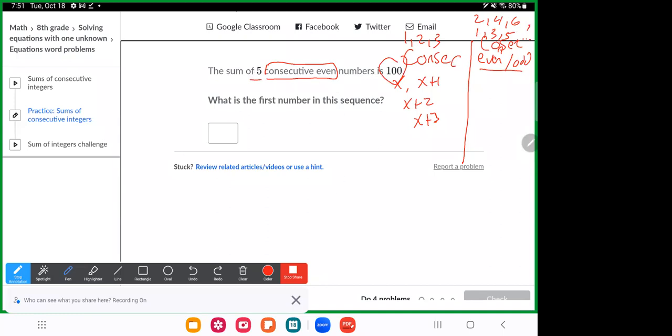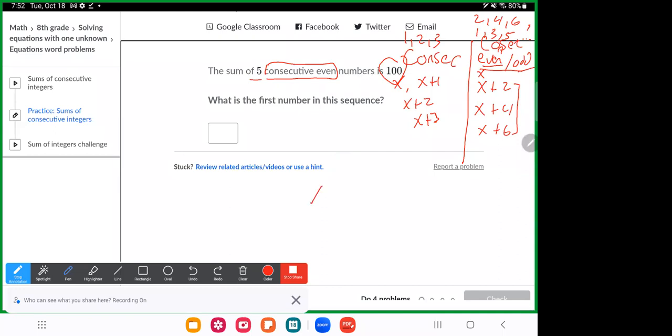So if it's consecutive even numbers or odd numbers, then the first one is x. The next one would be x plus 2, because we got to skip one number, and then 4, and so on. I just want you to notice these are even numbers, but it goes for even and odd. It's just the difference is what it equals. So consecutive even numbers.